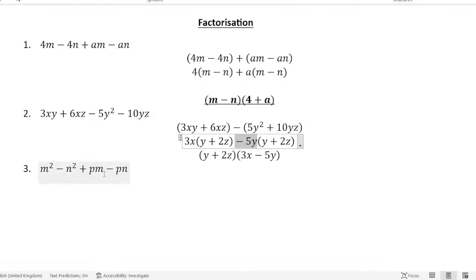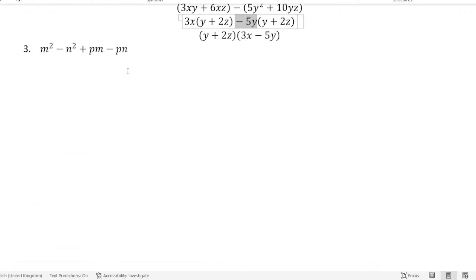So now I want you to do the same thing. Just follow the same procedure and factorize this expression: m squared minus n squared plus pm minus pn. Okay, your time starts now.